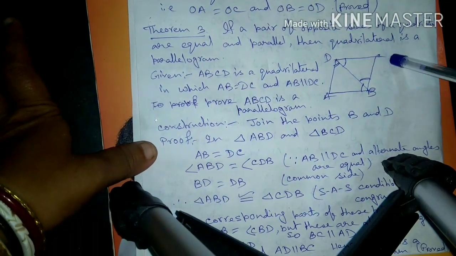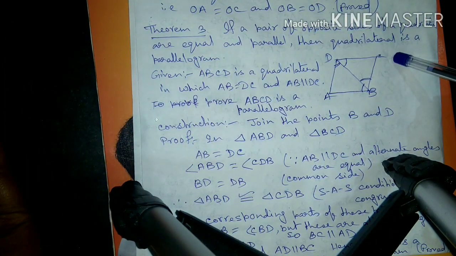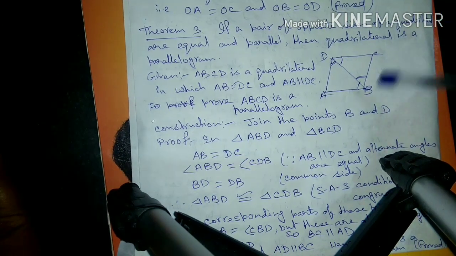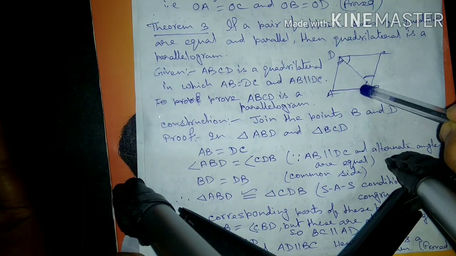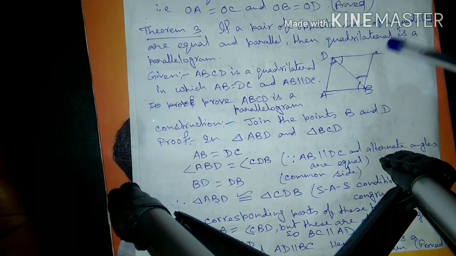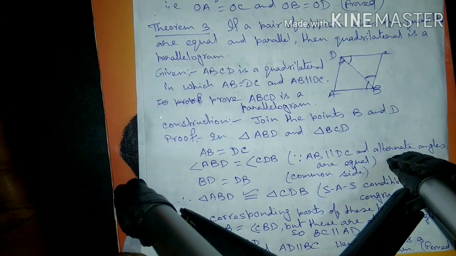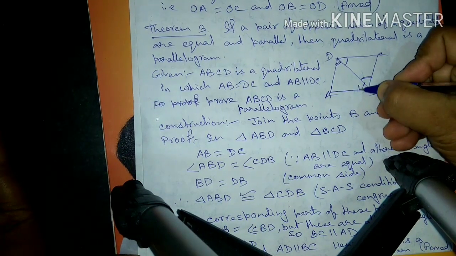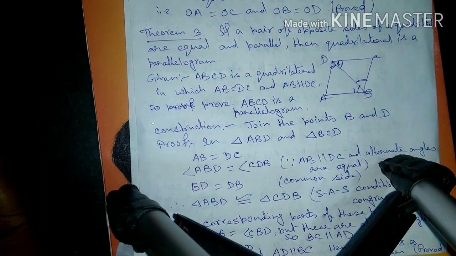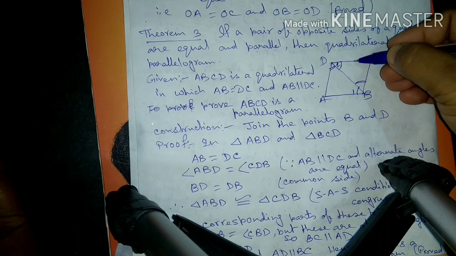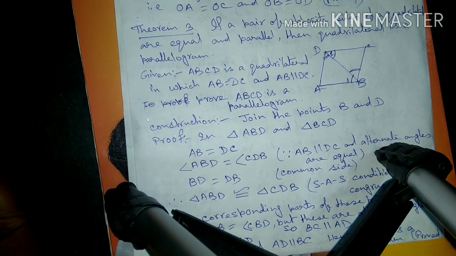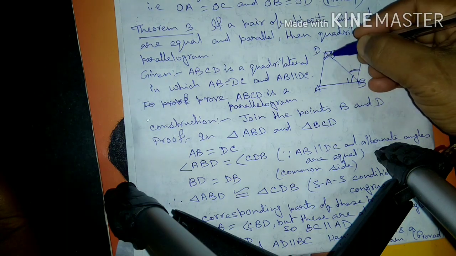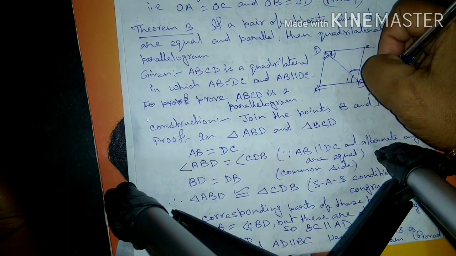So AB is equal to DC, as per the question it is given, one pair. Then angle ABD is equal to angle CDB. Why? Because DC is parallel to AB, so alternate angles. Yes or no? Now in both the triangles BD is common.